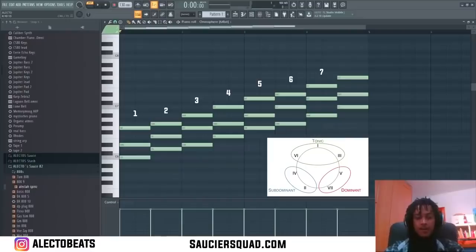And the way progressions work is that they go from tense to less tense or the opposite. So it would go from a tonic to a dominant chord or vice versa. And in between are sometimes these so-called subdominant chords, which are most commonly the 6 and the 4.